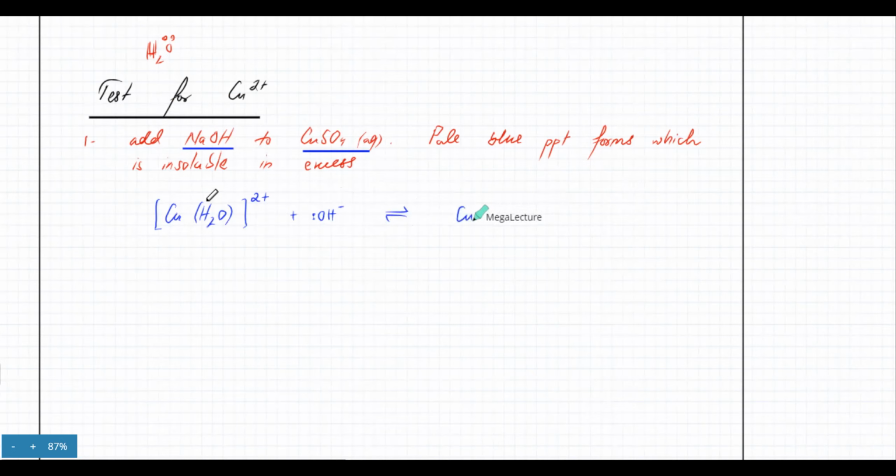So this thing would be produced: copper with OH twice and 4 water molecules, and this entire thing is going to be neutral because copper is 2 plus and OH is minus 1. So the overall charge on this entire thing is going to be 0. And the 2 water molecules would get knocked out.